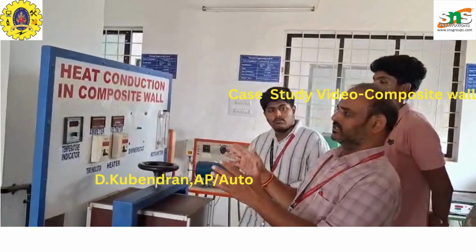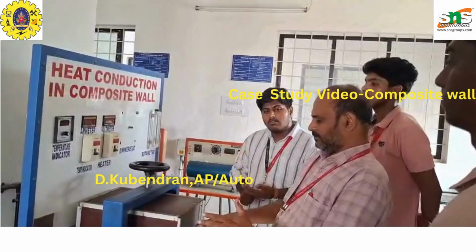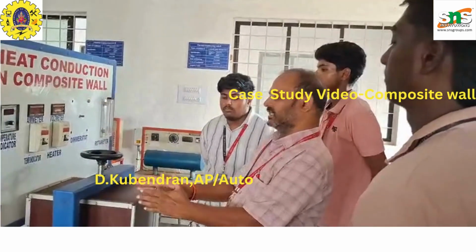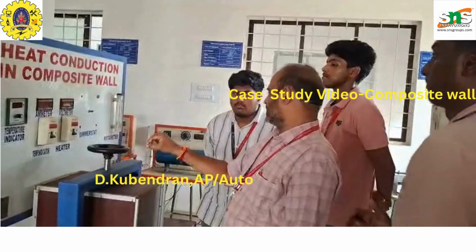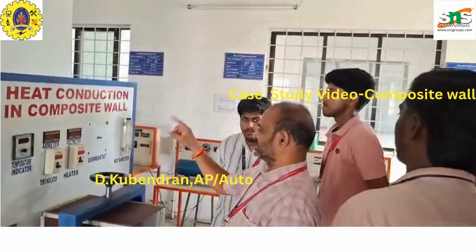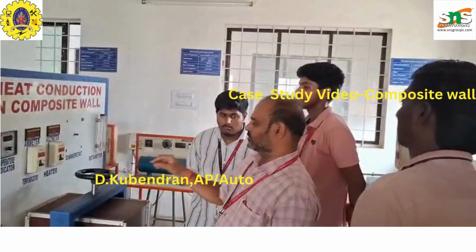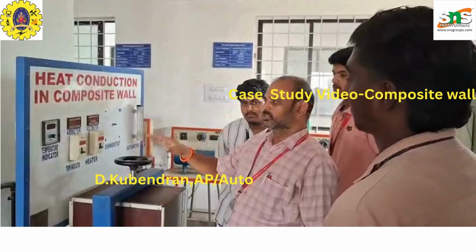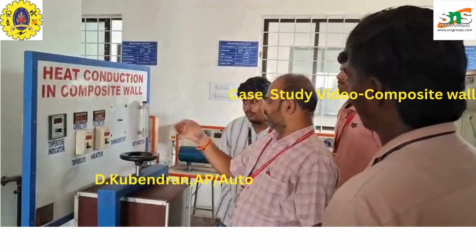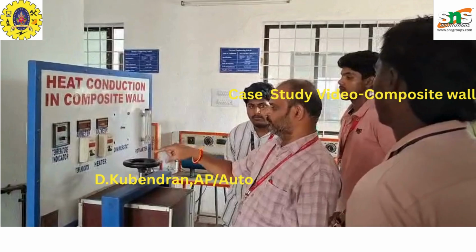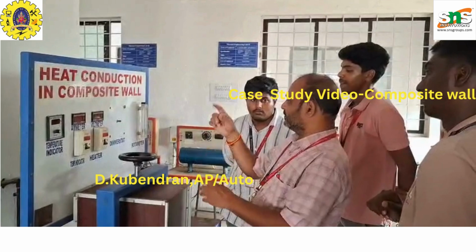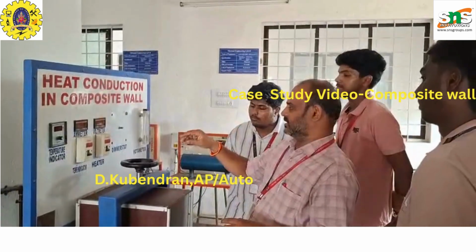According to the heat transfer coefficient, the three layers are joined together, and we can calculate the overall heat transfer coefficient. That is h. In some other textbooks it is denoted by U. U is also known as the overall heat transfer coefficient, while h is the heat transfer coefficient for the individual layer. If you combine all three heat transfer coefficients, we can calculate the overall heat transfer coefficient.